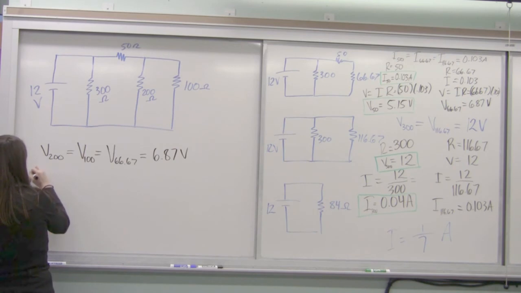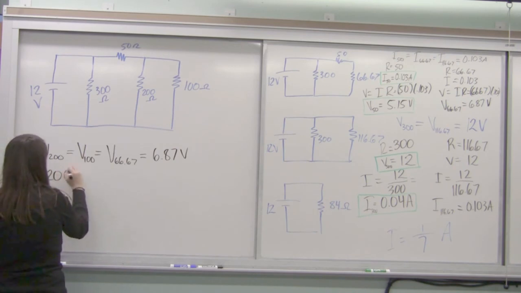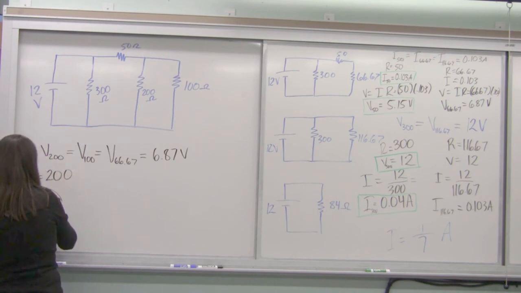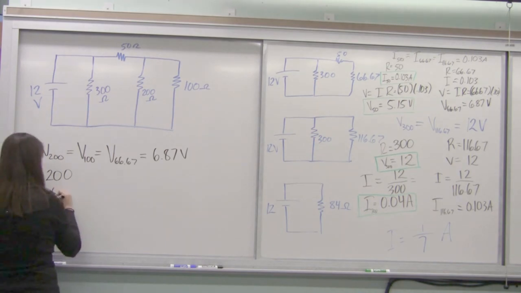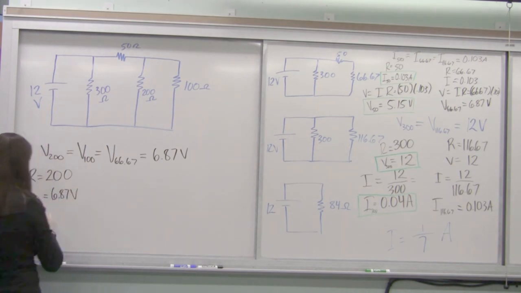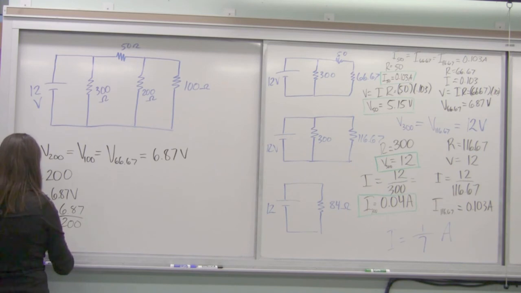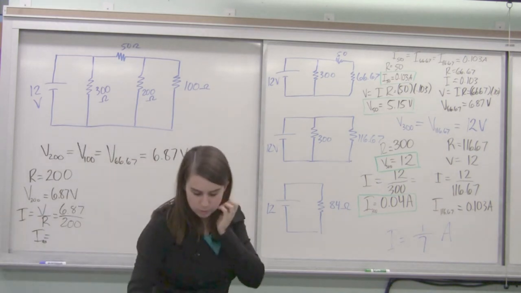For the 200, I'll go R is equal to 200. V200 is equal to 6.87. And I will be V over R.